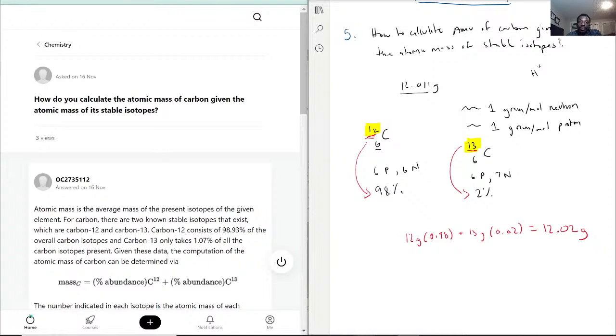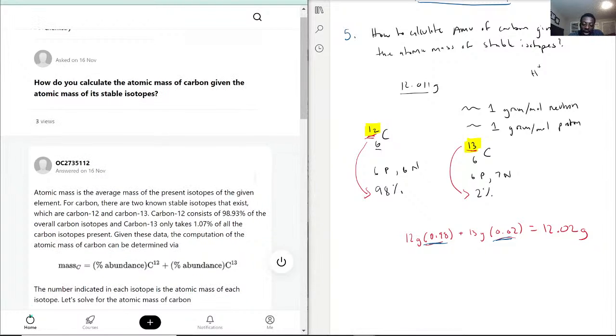So when you see these numbers on your periodic table, that is all the recorded common isotopes of that element added together, based on the percentage of how much they account for. That's how they get the actual atomic mass you see on the periodic table. So that would be how you calculate it.